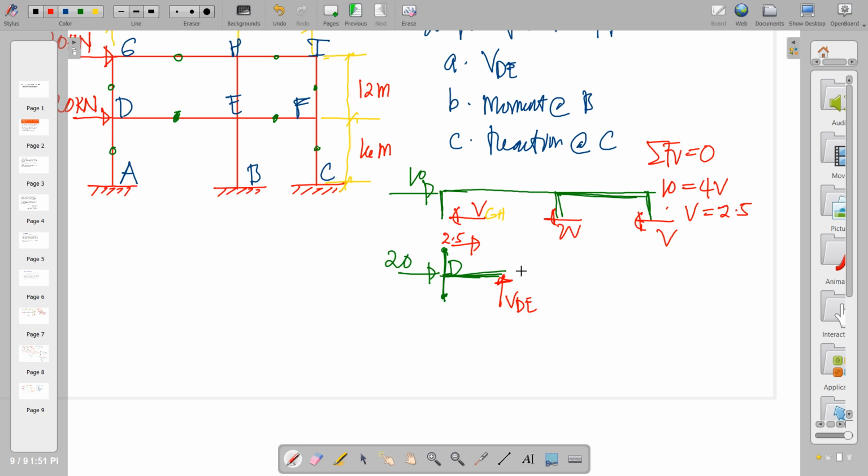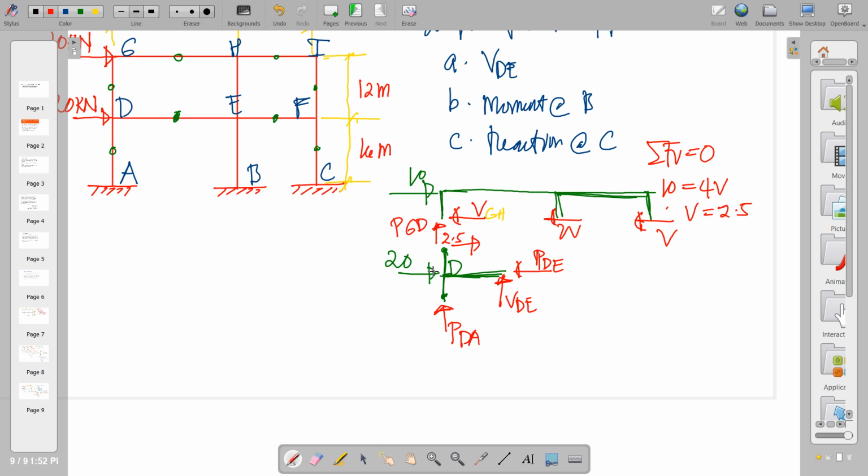Of course, there will be a corresponding axial force on DE, and there will also be axial force on DA, and also there is an axial force on GD.